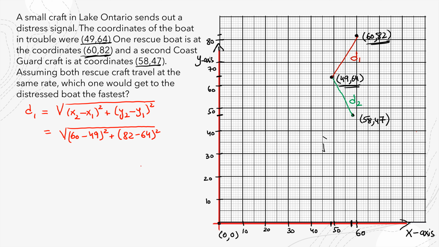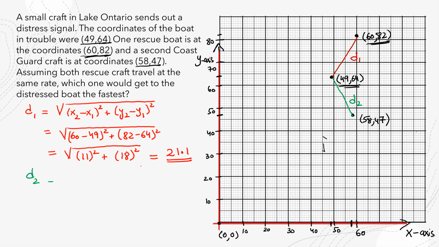Now simplifying this, it will become the square root of 11 squared plus 18 squared. And if you simplify this, it is coming around 21.1.